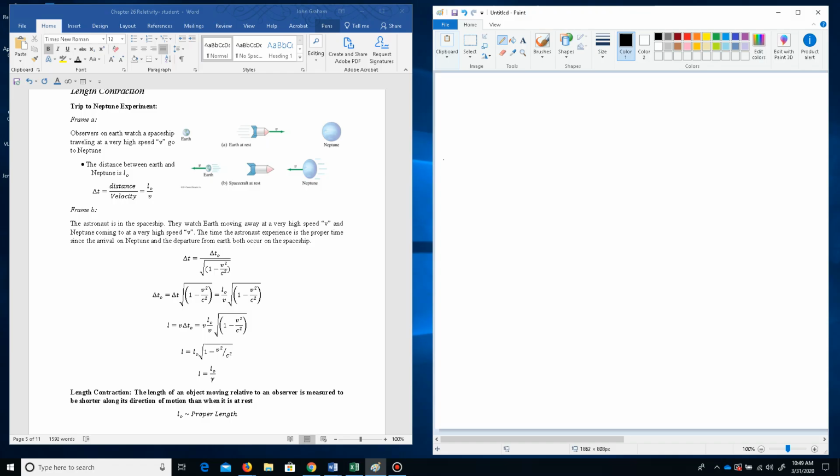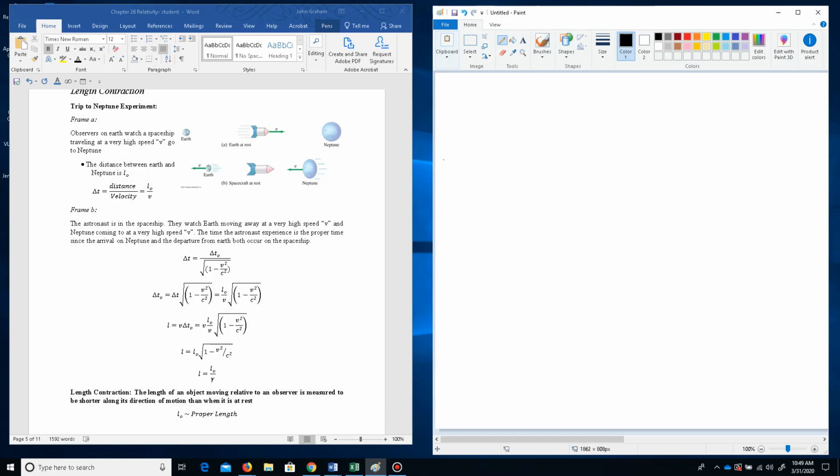We can multiply both sides by V. When you multiply both sides by V, this V cancels. Here you have V times the proper time, which is going to be the length. That would be the length between Earth and Neptune at this point, or the length that the person experiences that it travels.